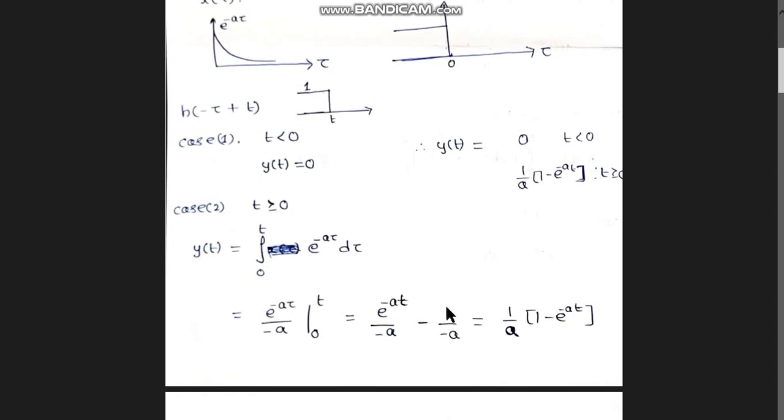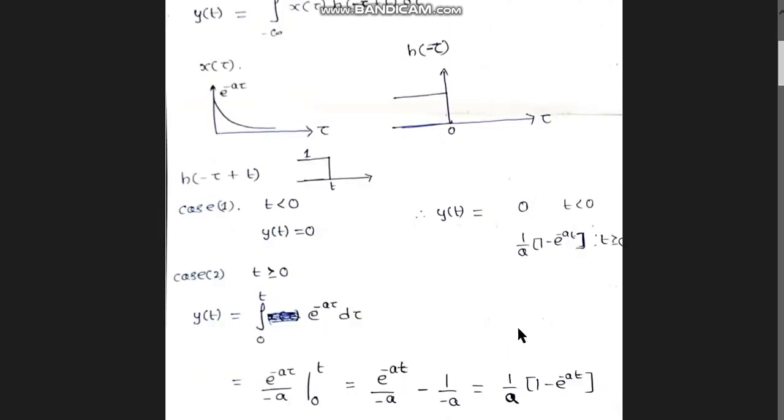Taking 1 by a common, you get 1 by a times 1 minus e power minus at. So if they ask you to write the equation for the output y of t, therefore y of t is 0 for t less than 0, and 1 by a into 1 minus e power minus at for t greater than or equal to 0.